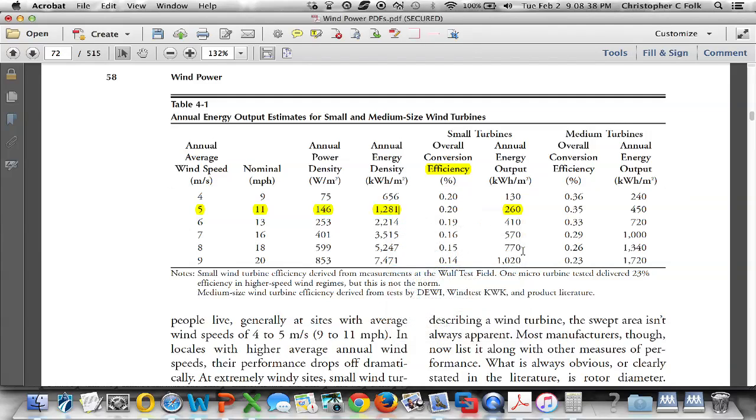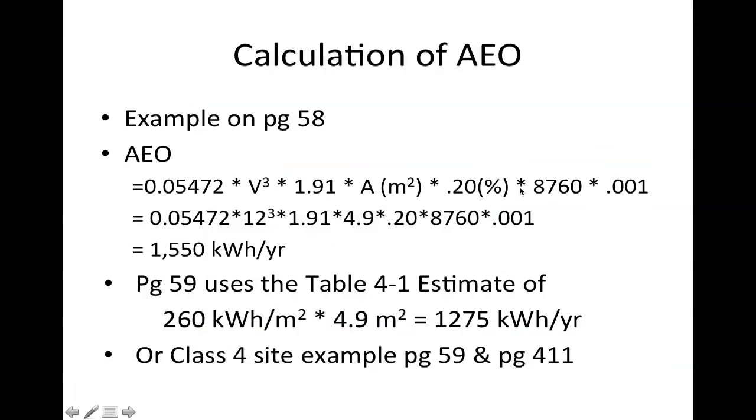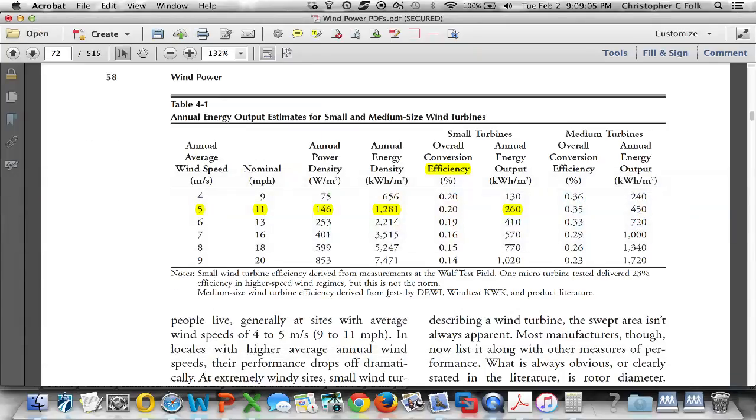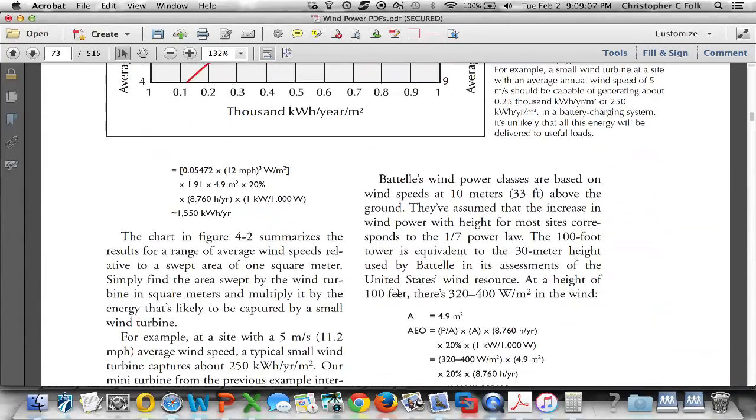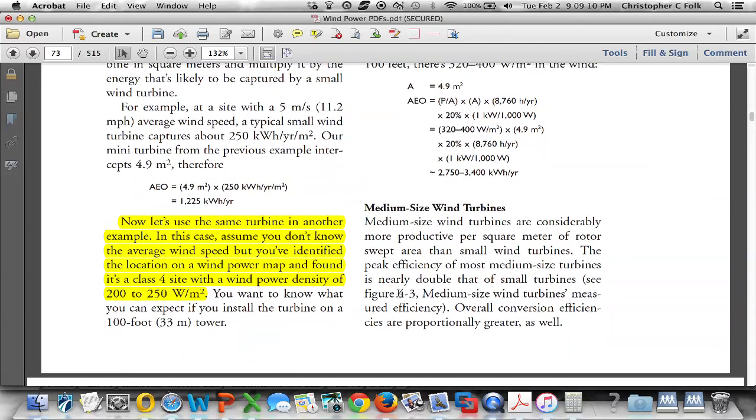It also tells me that at 20% efficiency I'm going to end up with about 260 kilowatt hours per square meter. When I multiply the 260 kilowatt hours per square meter times the 4.9 square meters, it comes out to be 1,275 kilowatt hours. So I estimated it a little bit differently. That's what they're explaining right here in this highlighted area. That's exactly what we did, just above the highlighted area.